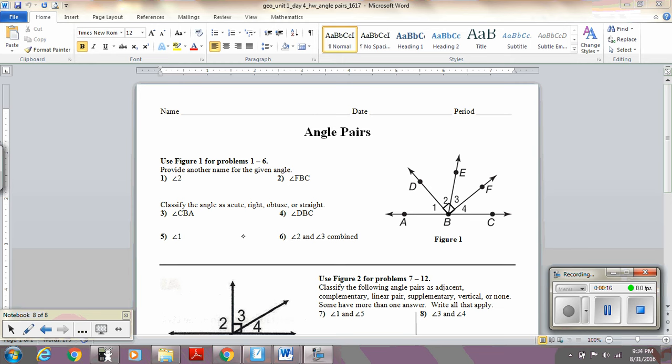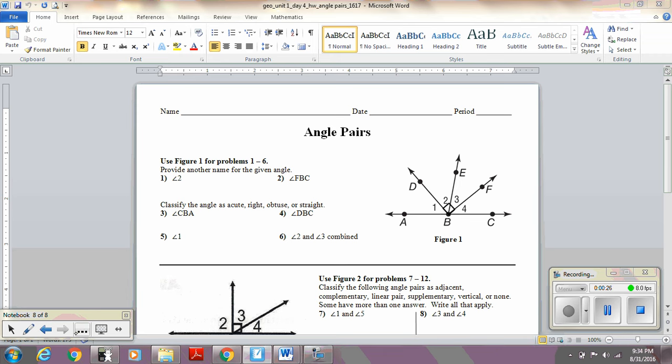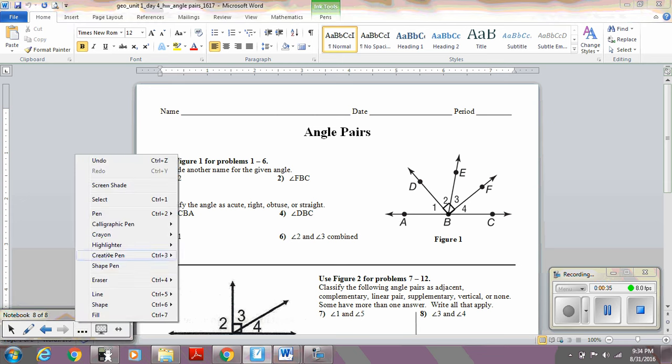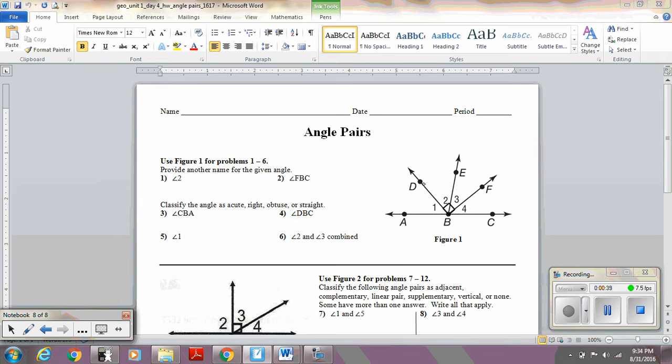For number 1, it's asking for us to provide another name for the given angle, and the given angle is angle 2. So angle 2 is this angle right here.